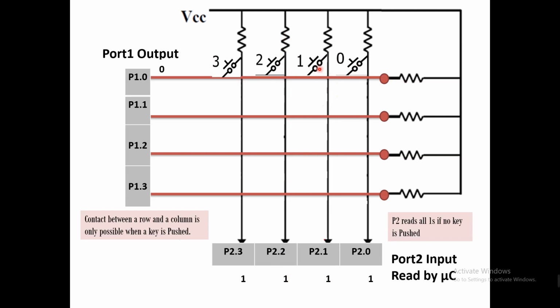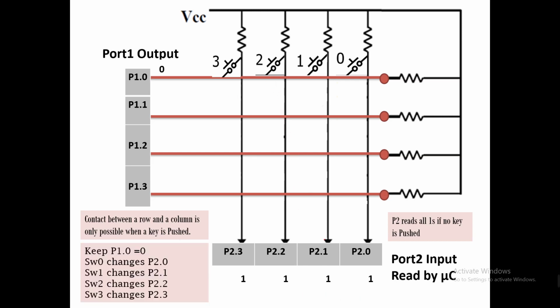So P2 reads all ones if no key is pushed. None of the keys is pushed, but P1.0 still has value 0, and since none of the switches is pressed, P2 is reading 1, all its bits are ones. Only the bit will become 0 if we push the switch.